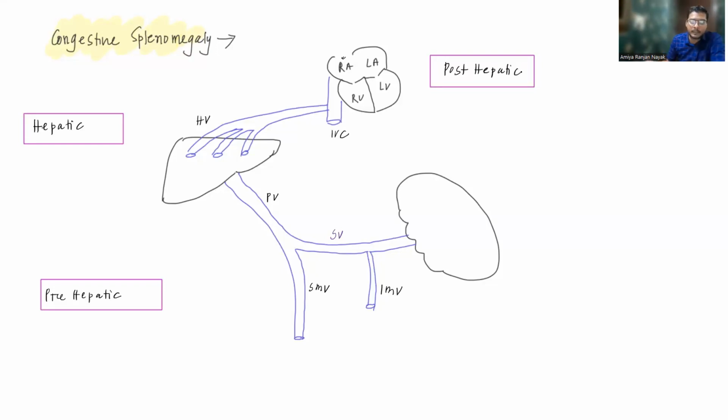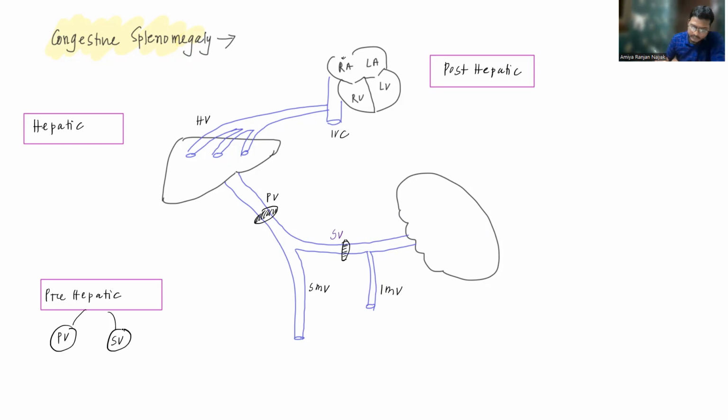We'll start with the pre-hepatic conditions. Basically, before the liver, there can be obstruction in the portal vein, or there can be obstruction in the splenic vein. So these are the causes for pre-hepatic impairment of the venous drainage.